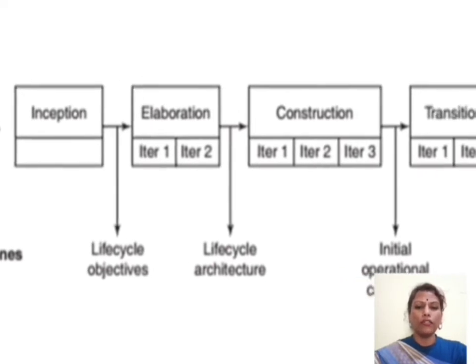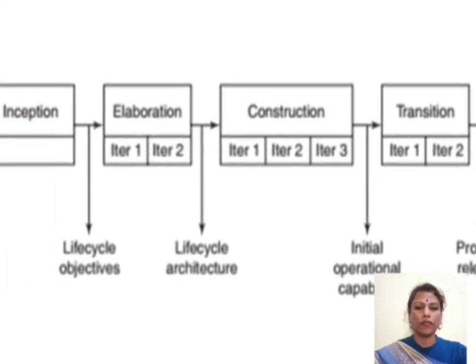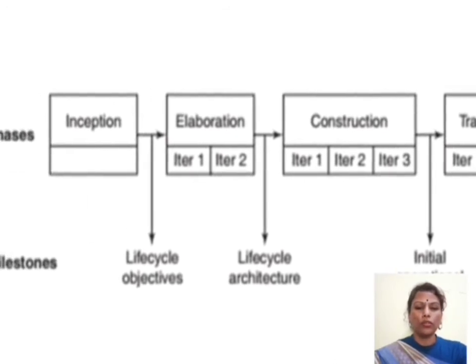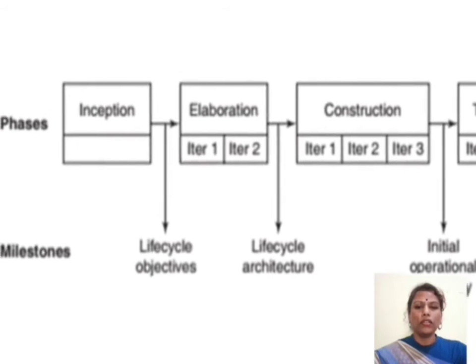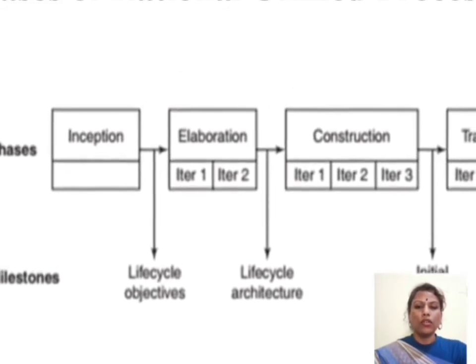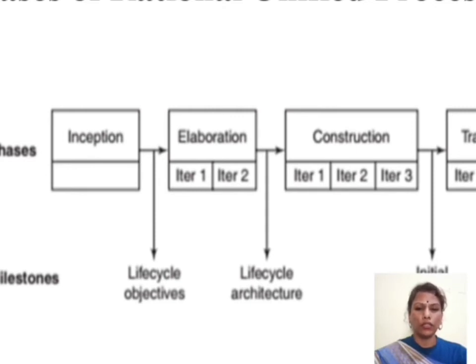See, here in each and every phase we have iterations. Since RUP follows an iterative model approach, RUP is going to incorporate iteration in each and every phase. That means consider the developers are in the second phase, that is the elaboration phase.